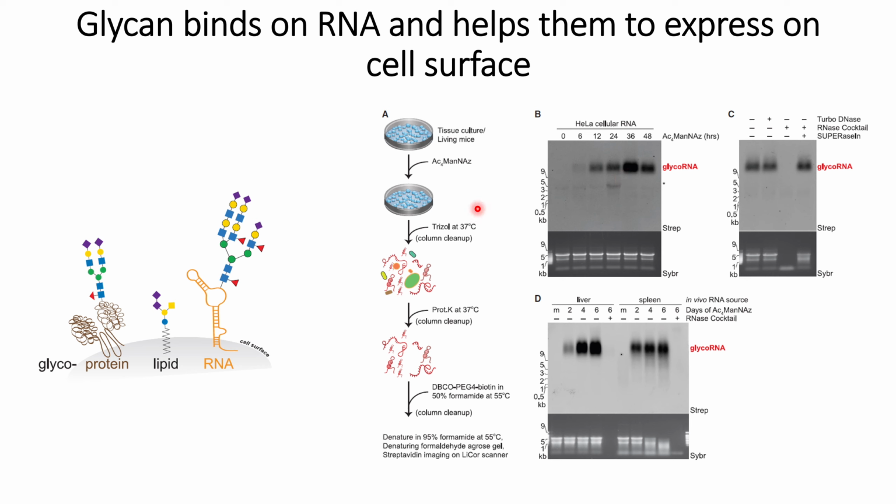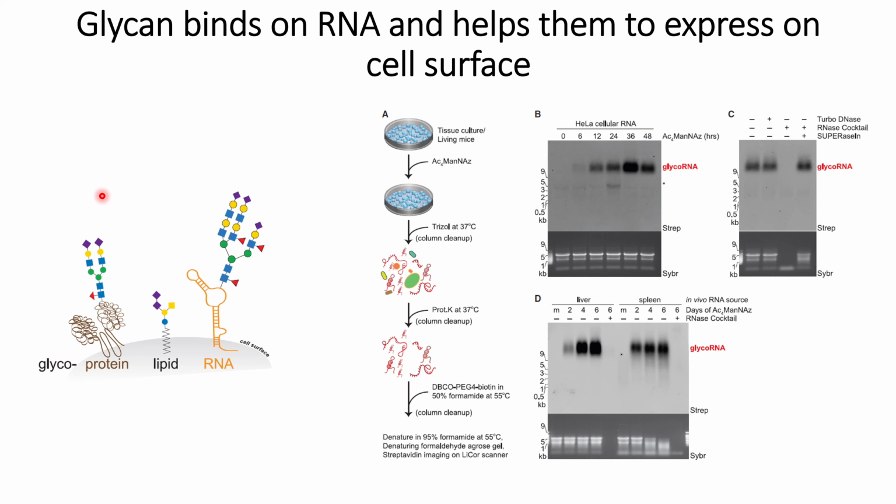And these signals are based on this acetylated mannosamine that is biotinylated with the visible signal. So in this figure, they made the point that RNA binds to glycans, and from the chemistry they used, they further made the point that the glycans bound to the RNA are mainly rich in sialic acid and fucose, which we will discuss in the next video.